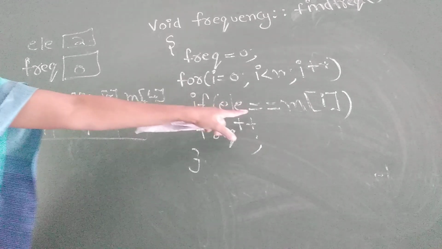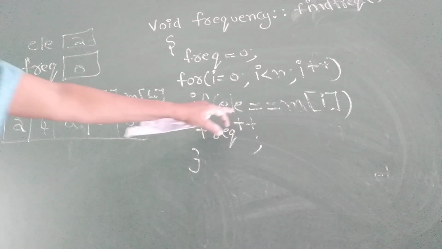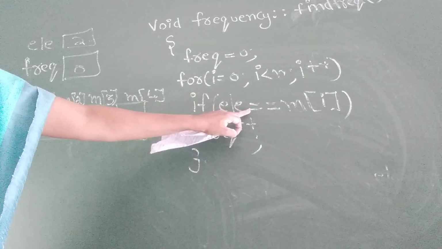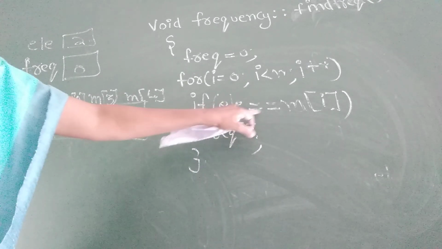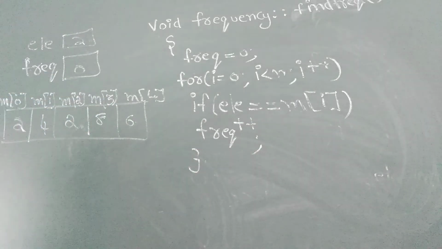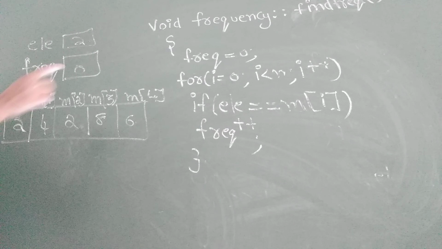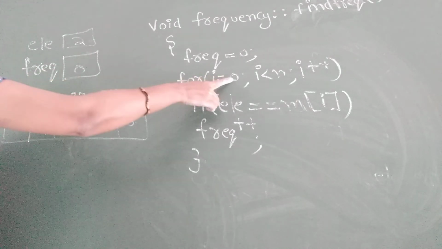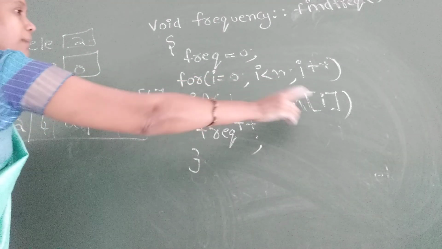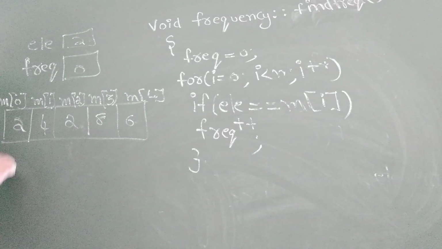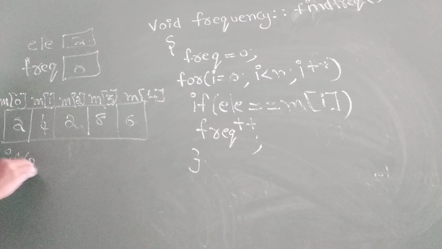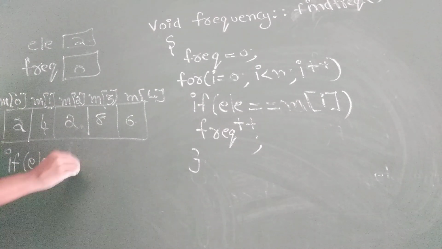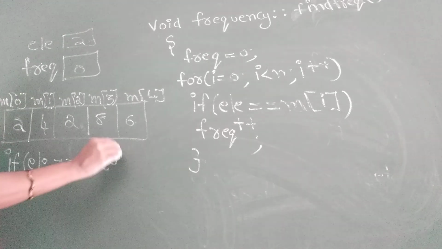If ele equal to, it means it is a comparison operator. If ele equal to m of i. For m of i, first i is equal to 0, so here m of 0 will be there. So I am going to write if ele equal to m of 0.